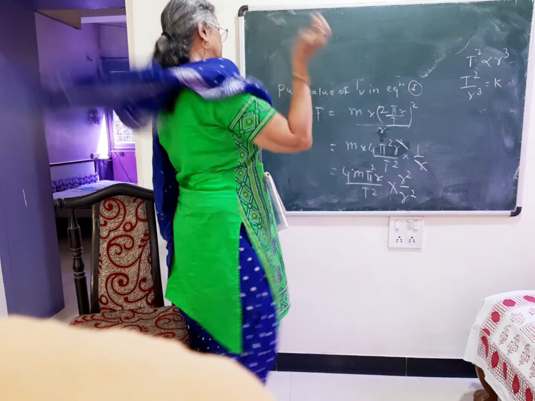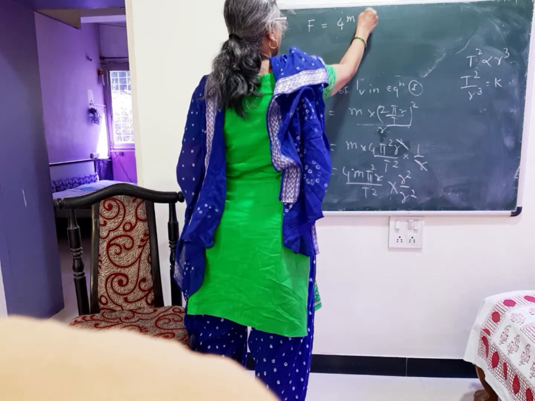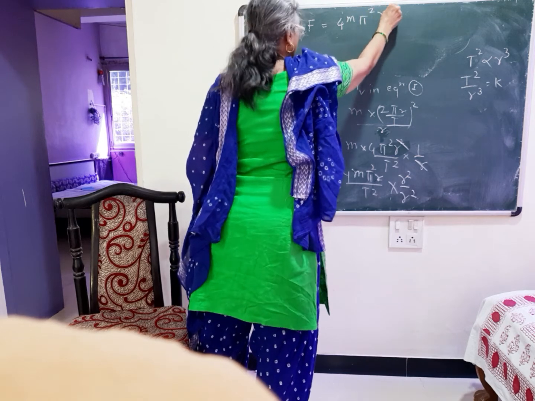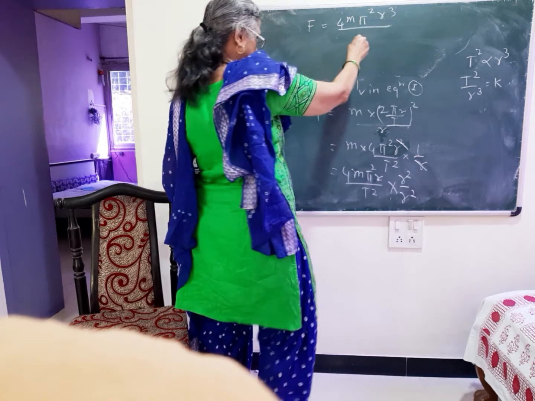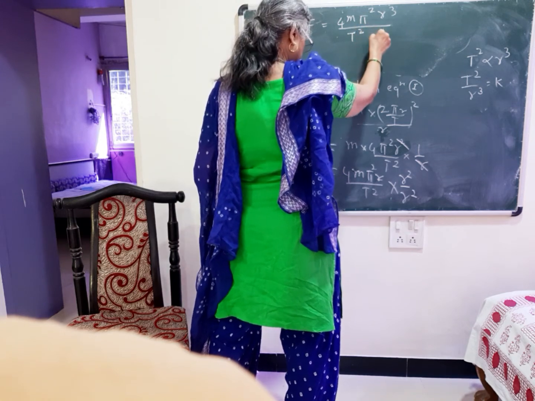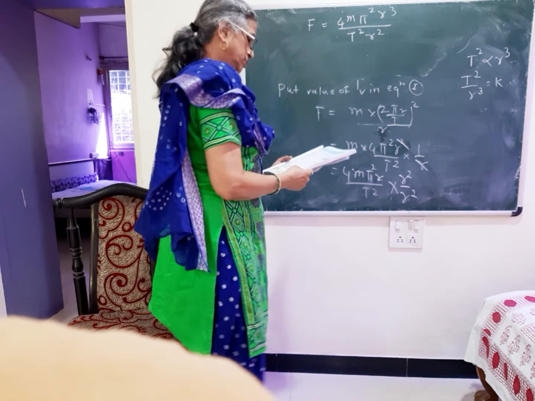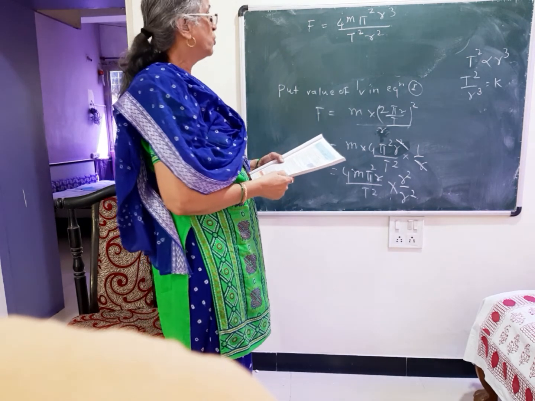F is equal to 4m pi square R cube upon T square R square. Got?